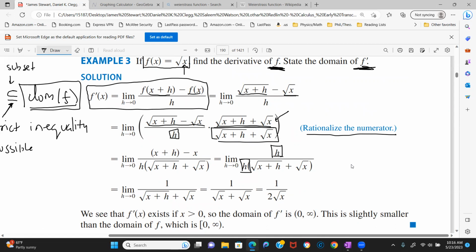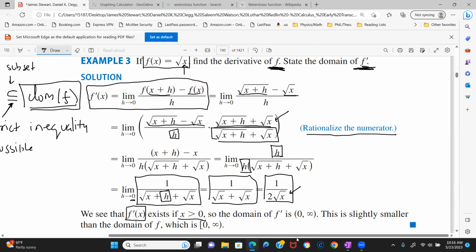At this point, we have this thing that we're taking the limit of right here. It's a continuous function in h, and it's defined at 0. So just plug in 0 for h, and you get this, which simplifies to this. And now note, this is not defined at 0. So this f prime exists if x is strictly bigger than 0.